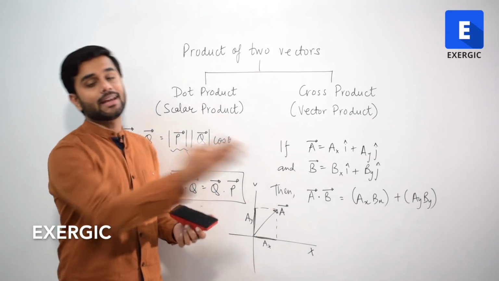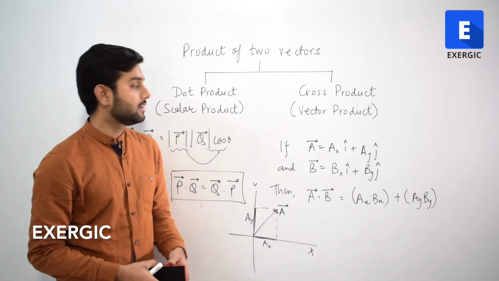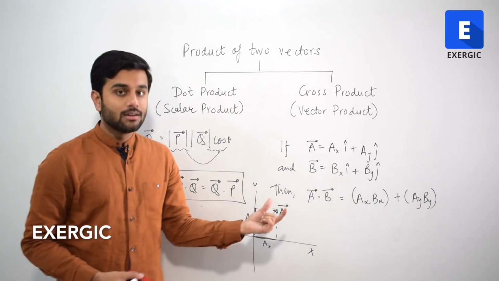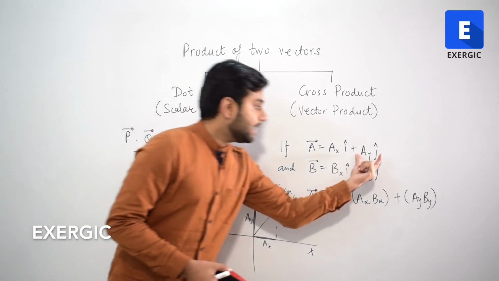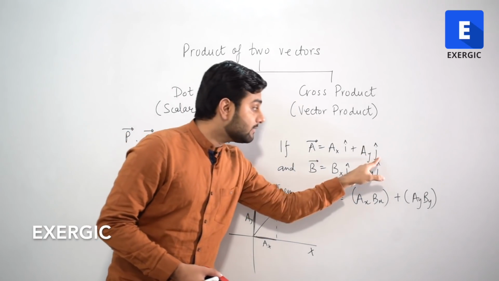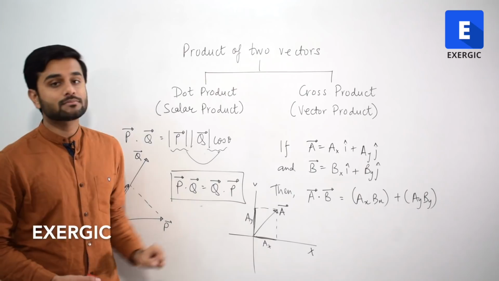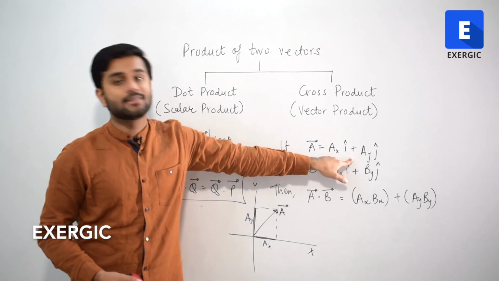They signify the direction of that vector, right? So ax i is nothing but a vector in the x direction having magnitude ax. ay j is nothing but a vector in the y direction having magnitude ay. And we have done their vector sum.